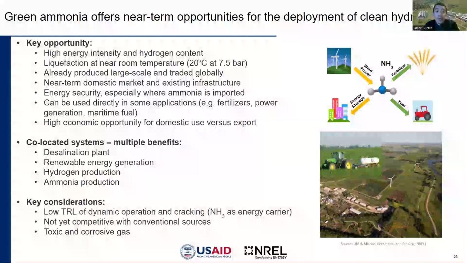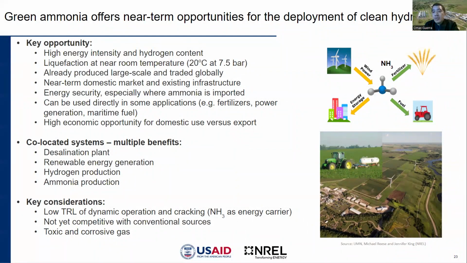Something that could be important here is, for example, co-location of hydrogen facilities with, let's say, desalination plants in those places where availability of fresh water could be an issue. Renewable energy production, right? Are those ammonia plants near good solar PV or wind resource locations, for example?